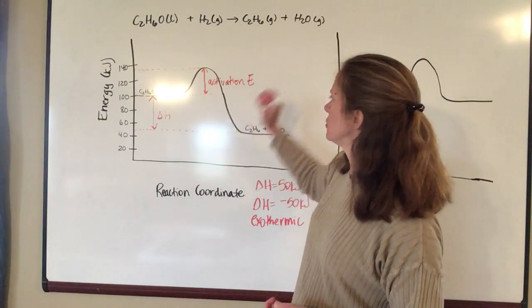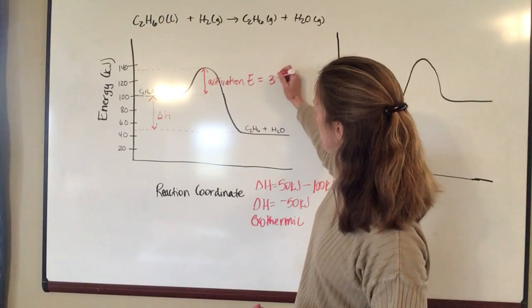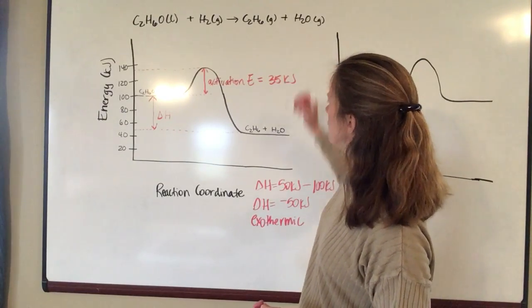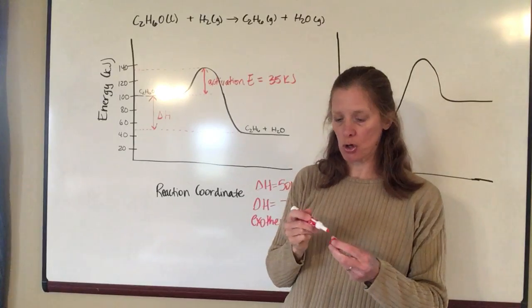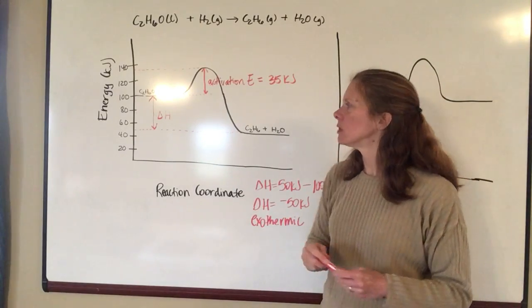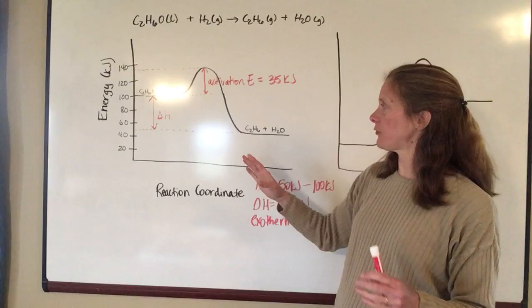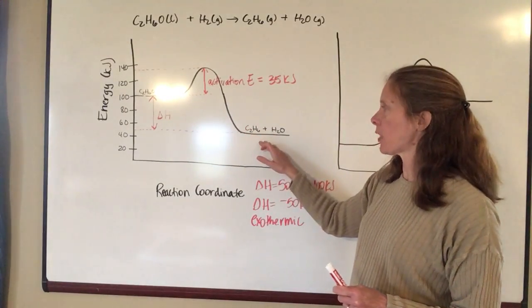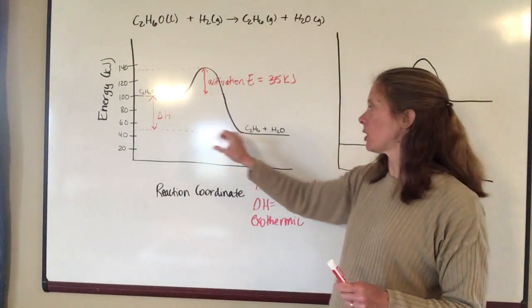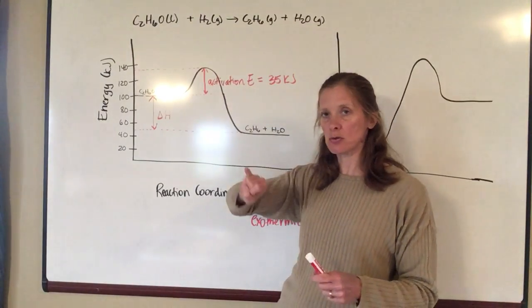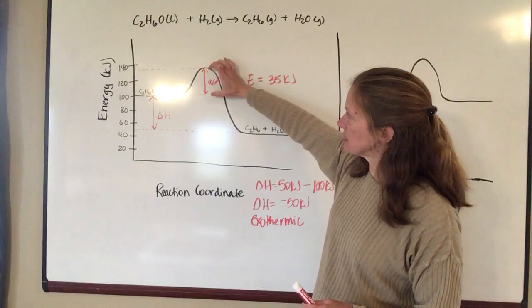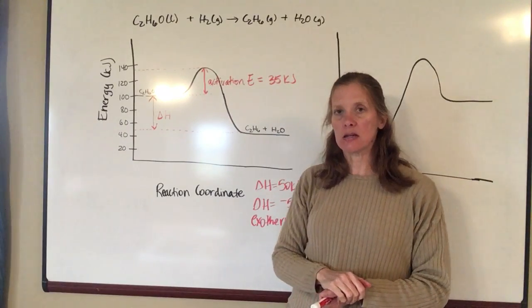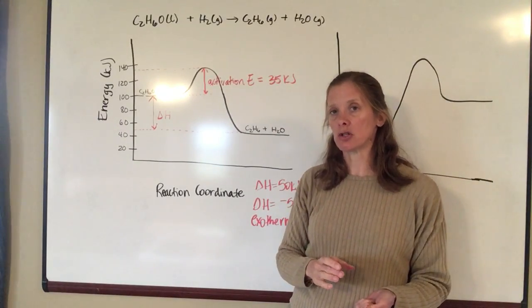So my activation energy here is going to be approximately 35 kilojoules just to get the reaction going. Okay, so again, to sum up, the difference in energy between your reactants and your products is your delta H. Remember that you always take products minus reactants in order to find that. And this distance here is the energy that it takes in order to get the reaction going.